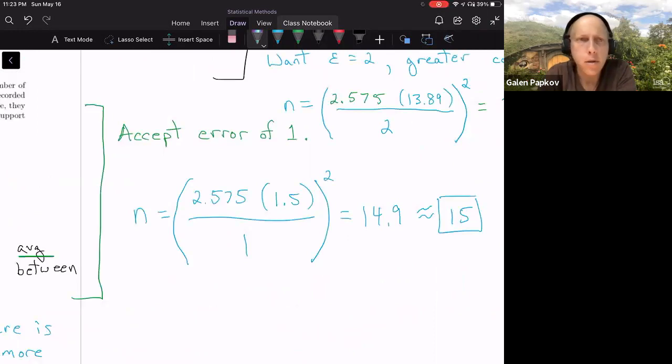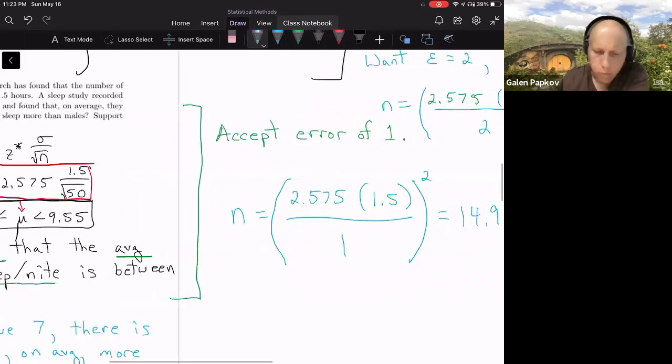And using the version of the formula, we've got Z star is 2.575. So I kept 99% confidence. The standard deviation was given in this one to be 1.5, and epsilon is 1. So I plug that in, don't forget to square, and round up. So I got 14.9. You round that up to 15, and that's the final sample size.